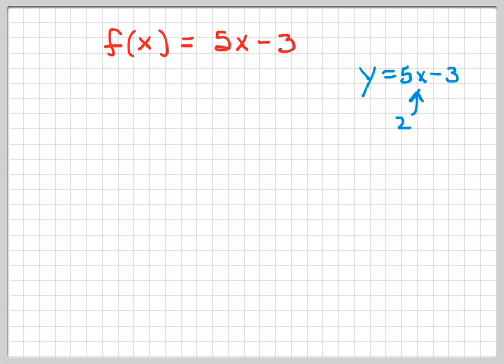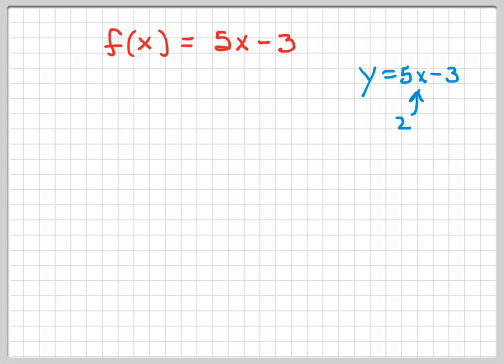Now, once we understand what's going on, I'm going to write a new function here, f of x equals 5x minus 3. This is very usable notation. For example, let's say I want to know what happens when x is 2. Normally I'd have the equation y equals 5x minus 3, and I'd ask, what is y when x is 2? And I'd have to plug a 2 in there for x.